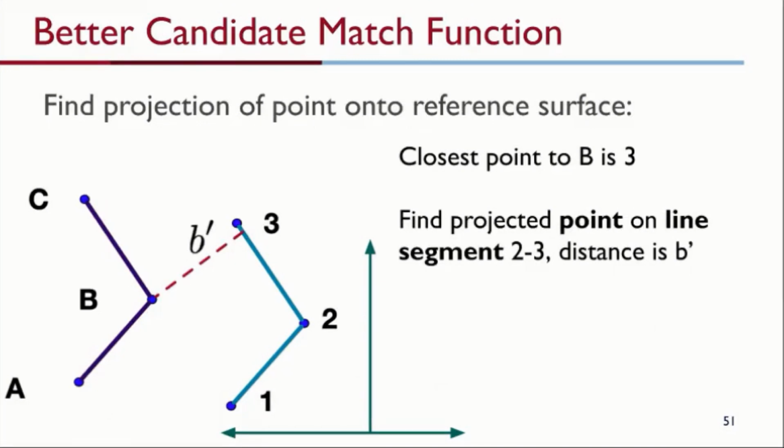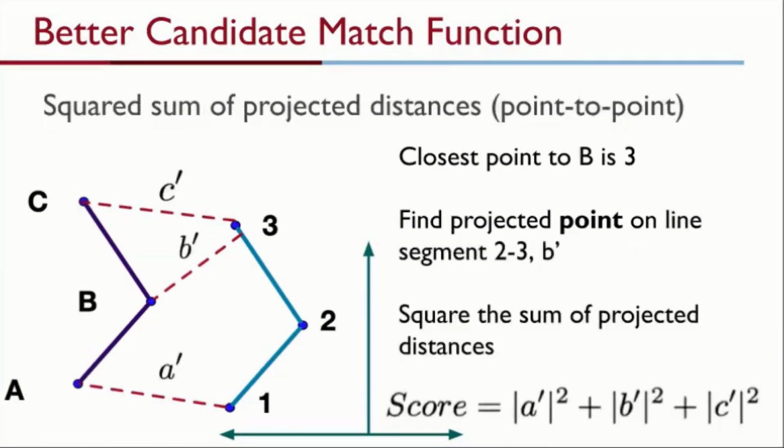We find the projected point on the line segment 2 to 3, the distance, which is B prime. We similarly find these projected distances and square them and sum the squares of these projected distances and achieve the score A prime squared plus B prime squared plus C prime squared.